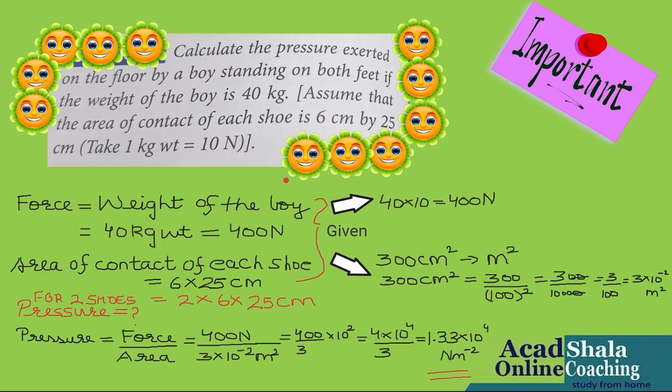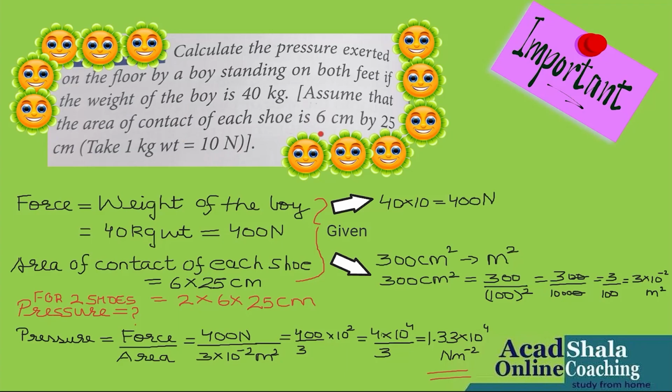Now children, always remember whatever is given in the numerical, always write whatever is given. Then after that, whatever we have to find out, you write down and put a question mark also. After that, think about which formula is to be used in this numerical, and write down the formula. Then see whether there is anything to convert, whether the numerical demands any conversion.